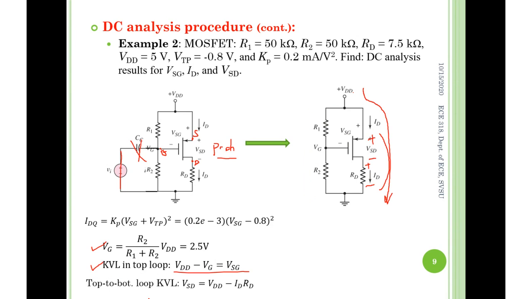Any questions regarding the equations? To be honest, I don't remember what the correct answer is, but if this equation makes sense, then you can go ahead and calculate them. VSD equals 0.665.